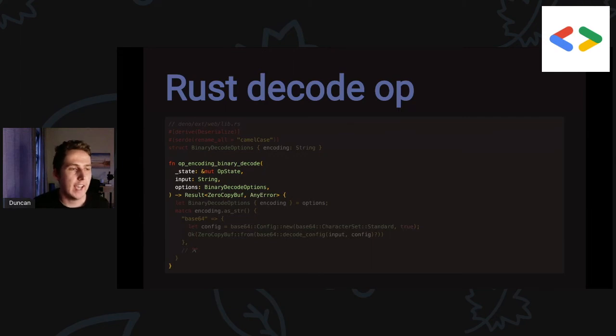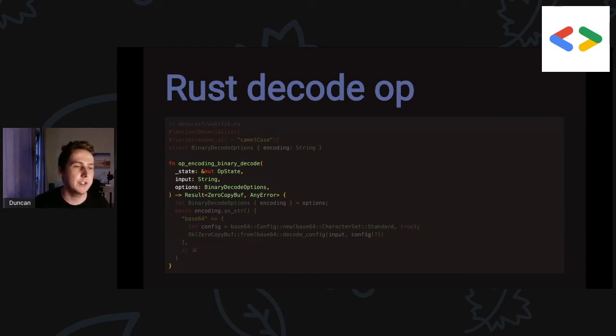So if we look at the op encoding binary decode, you usually pass state around, but we don't require any. We don't need to interact with this op state at the moment, so we can just leave it as an underscore. I just wanted to leave it here so that we could see generally what parameters these take. And then input will be a string, so that will be like an example I showed, your base64 string.